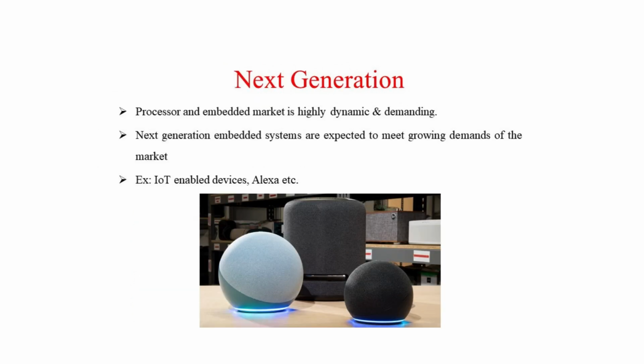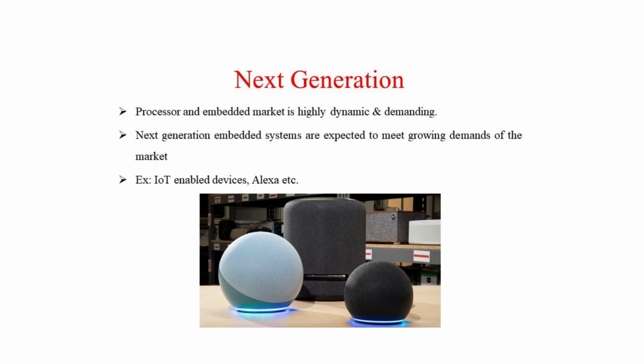Next comes the next generation embedded systems. It has the processor and the embedded market, which is highly dynamic at this stage and demanding also. The next generation embedded systems are expected to meet the growing demands of the market because we have many IoT enabled devices coming now, and the best example is Alexa.